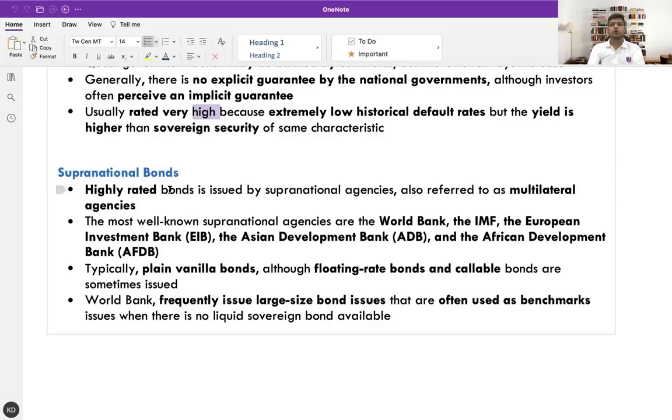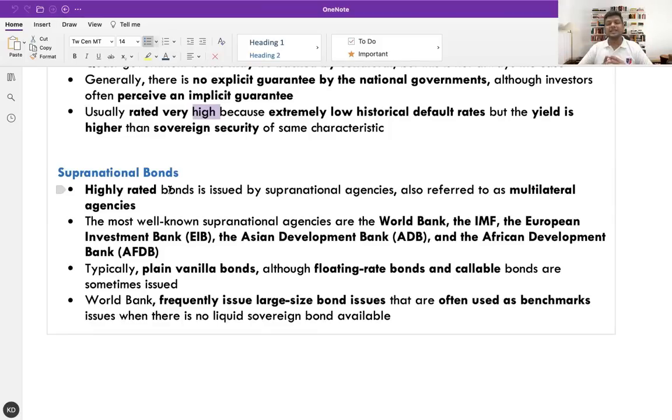For example, if the government of Argentina issues the bonds, or the government of Italy issues the bond, or the government of Spain issues the bond, then the credit rating is very different than when the government of UAE or Qatar or US or France issues the bonds, right?